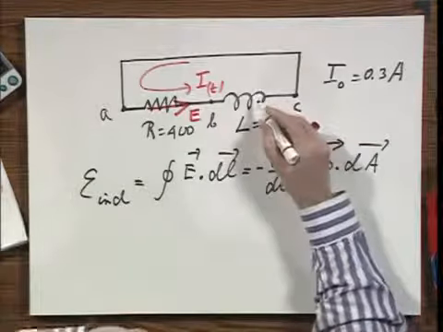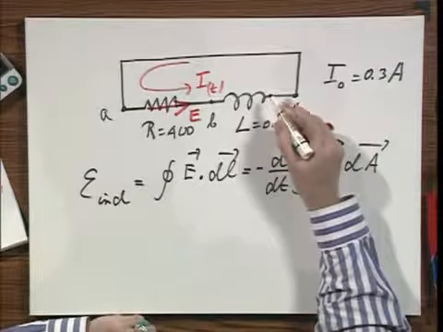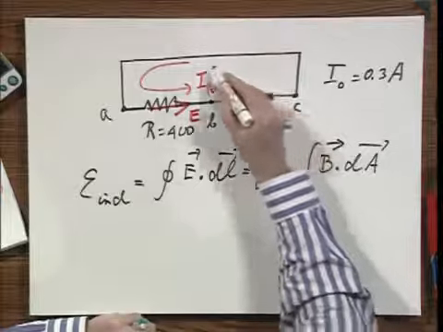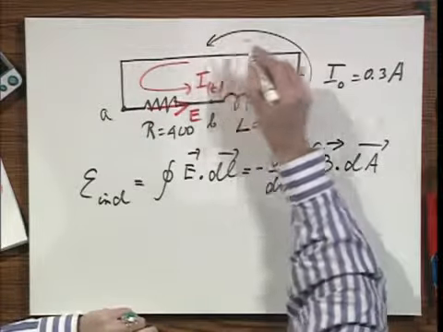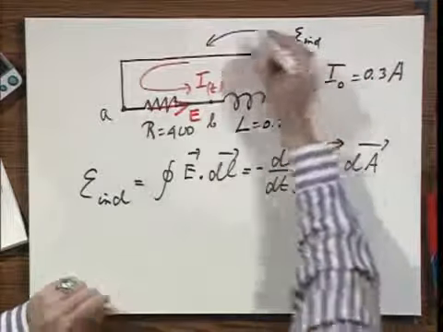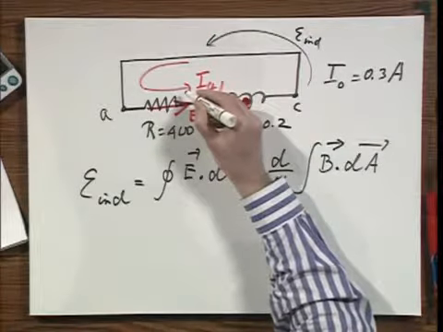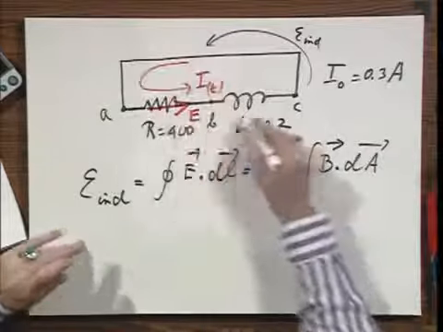I already know, by the way, that this current is decreasing, so clearly what the self-inductance will do, it will try to keep the current going in this direction, and so it will try to introduce an E induced in this direction to keep the current going. It fights the decay of the current. So I'm going around this way.